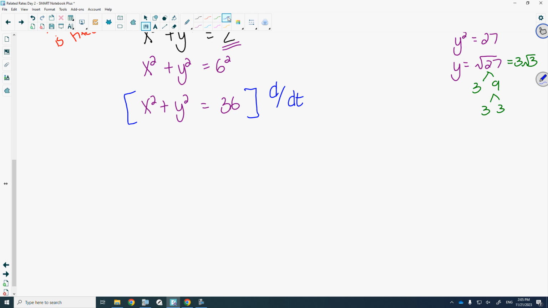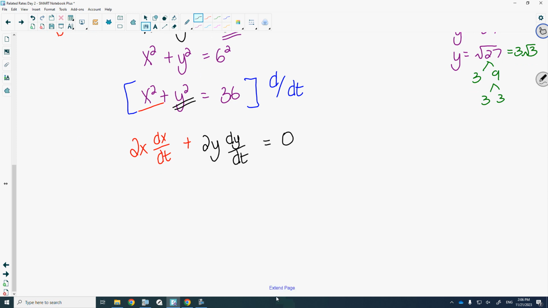What's the derivative of a constant? 0. Okay, so the derivative of x squared is 2x dx/dt, plus the derivative of y squared is 2y dy/dt, equals the derivative of 36, which is 0.